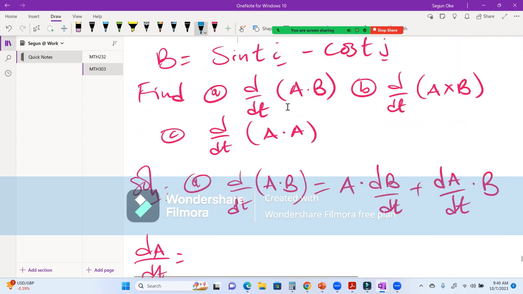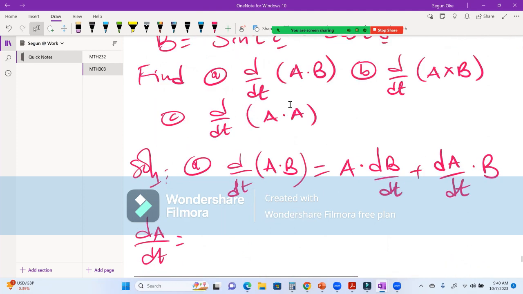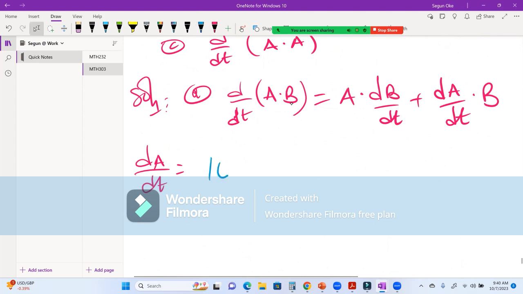When you differentiate 5t squared, you have 10t i.